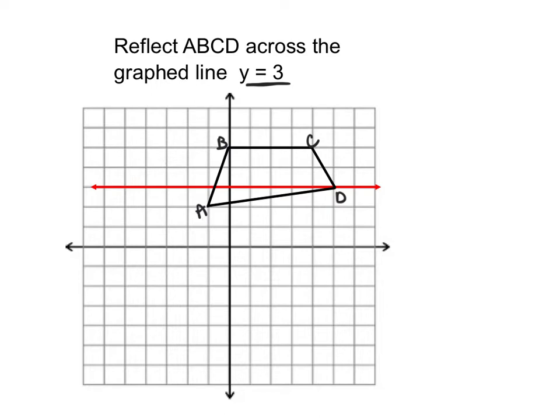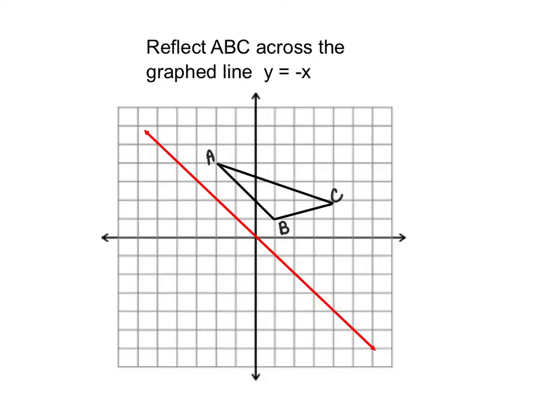So this is a horizontal line. I can see A is 1 unit below the line. A prime would be in that same corresponding spot, 1 unit above the line. B prime is 2 above the line. It gets flipped to 2 below the line. Same with C, and then D remains in its spot on the line. I'm going to go ahead and make sure I've labeled those A prime, B prime, C prime, D prime, and then connected the sides of my shape.